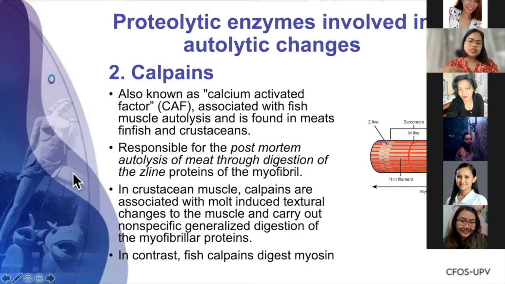So molting is the shedding of the exoskeleton of crustaceans. So in the case of shrimp, i-shed nila yung kanilang shell, no? When they shed their shell, it's an indication that they are growing. Kasi masikip na sila dun sa shell nila, i-shed nila yon, and then they will form a new shell.